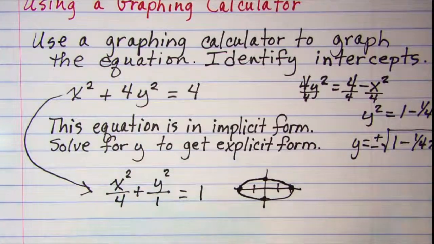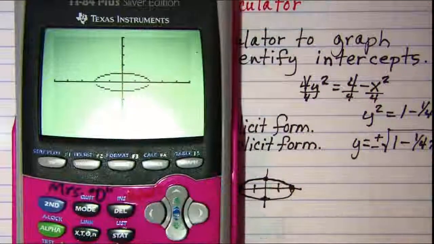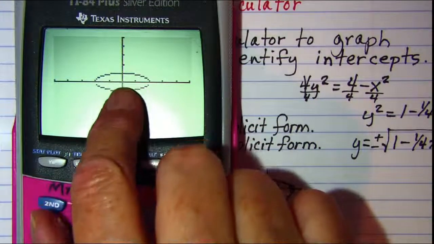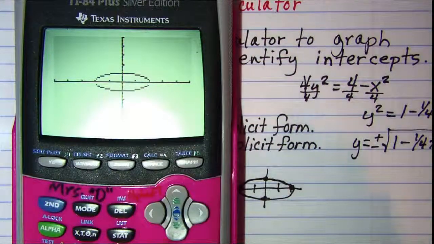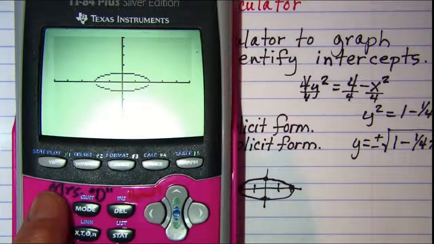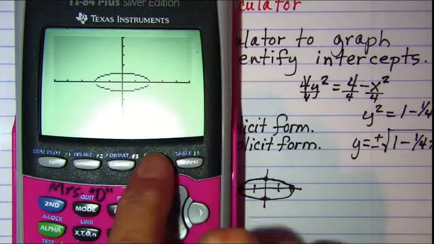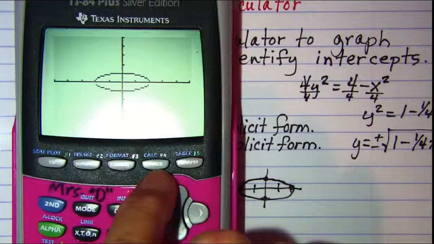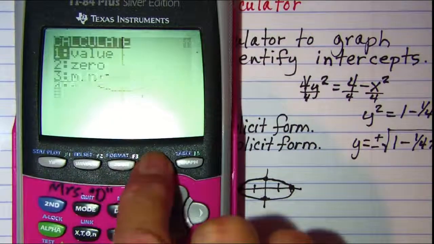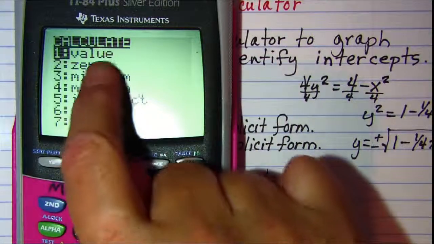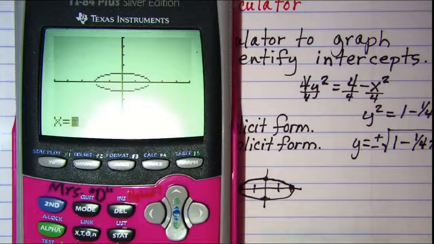But we can also get a value here if it wasn't obvious. We could find second calc. So second and then the calc button right here, trace. So second calc, and we can find the value, which is our first option, when x is 0.